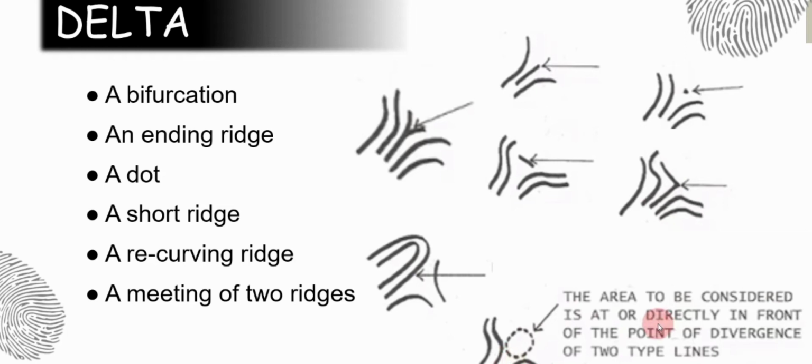Again, the area to be considered is at or directly in front of the point of divergence of the two type lines. So only these six can be a delta.